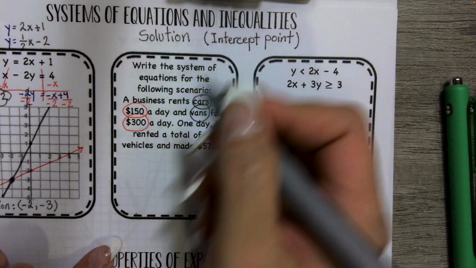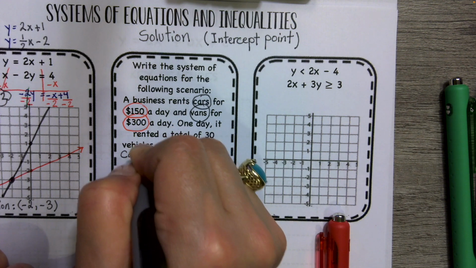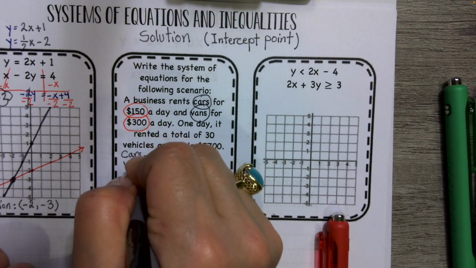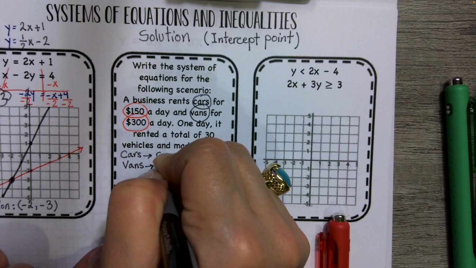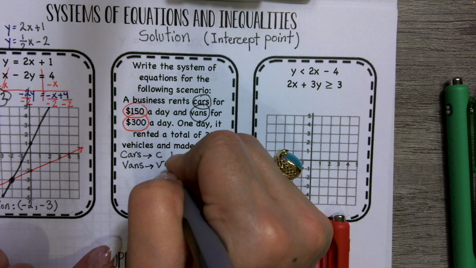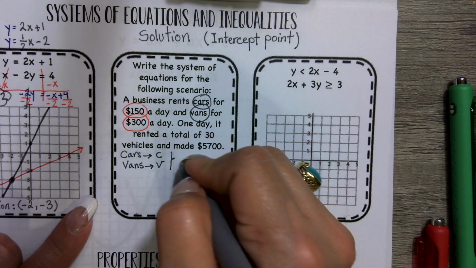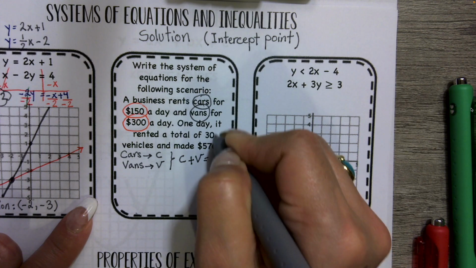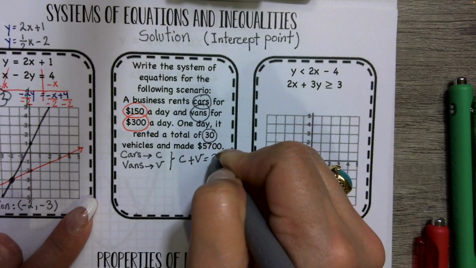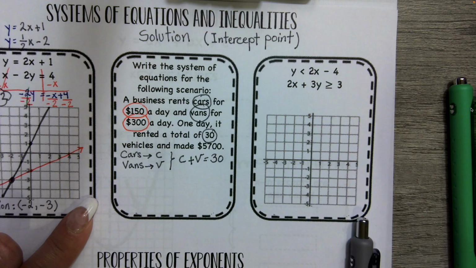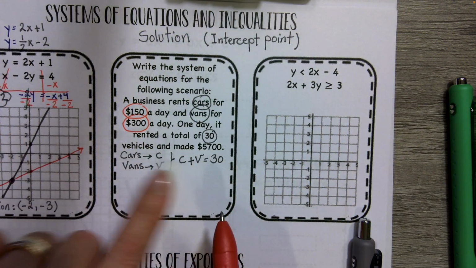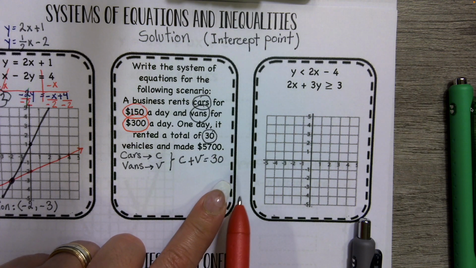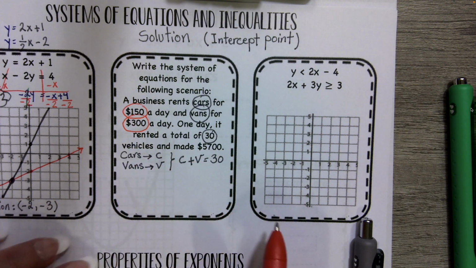So if we call cars C, and if we call vans V, then we know the total of cars plus V is 30. And also, we know that the amount that they made for those 30 vehicles is 5,700.